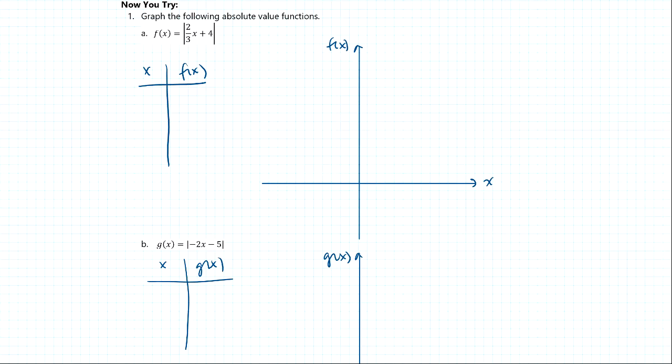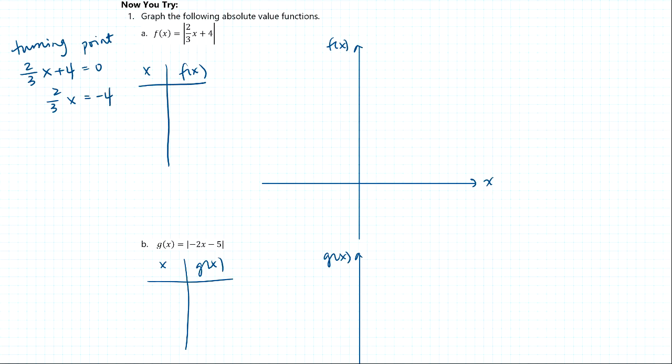To complete these problems, again, I'm going to start off with finding the turning point of my graph. In this case, with the absolute value function here, I still want to set whatever is inside the absolute value equal to 0 to find the turning point. Here I can subtract 4 on both sides to get 2/3 x is equal to -4.